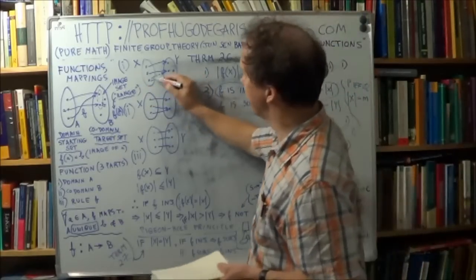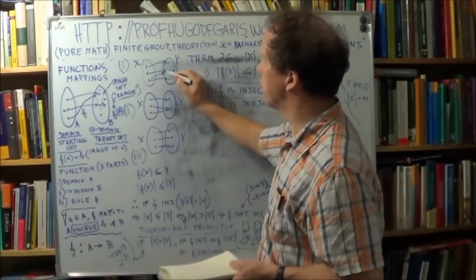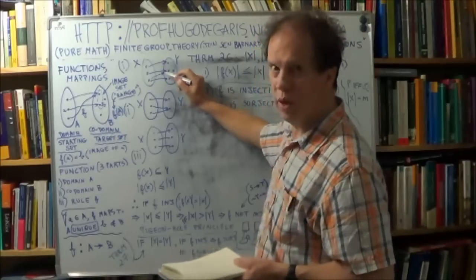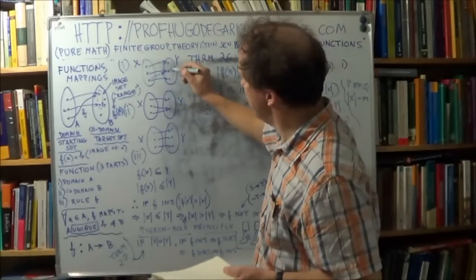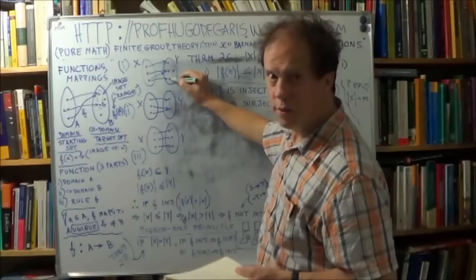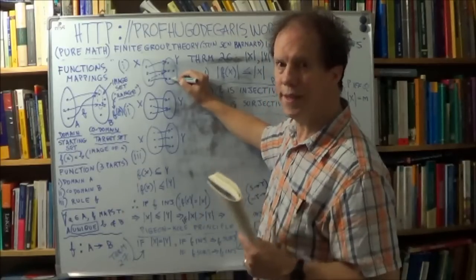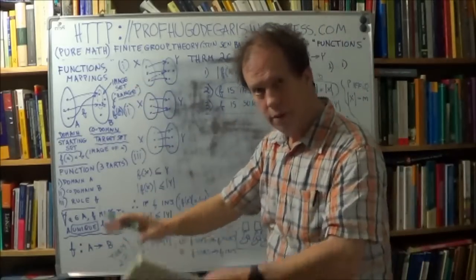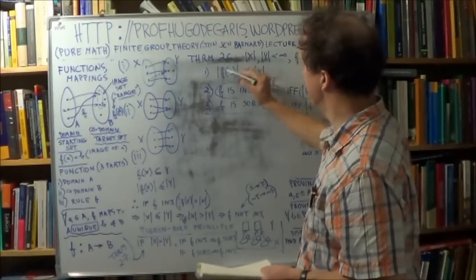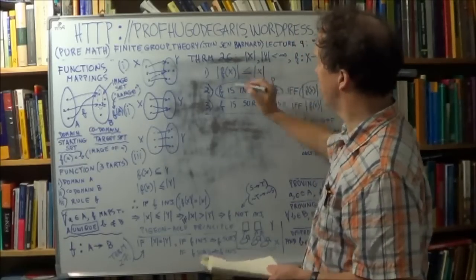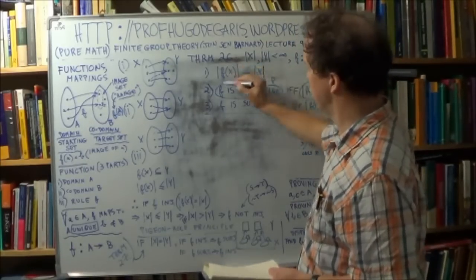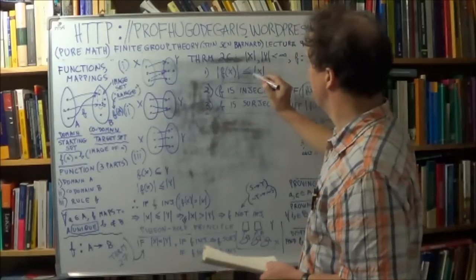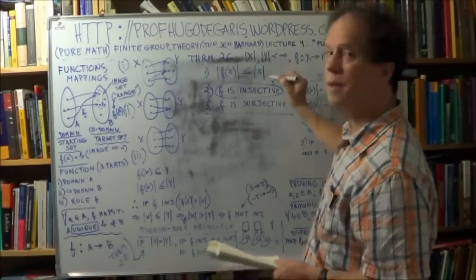But in general, there will be some many-to-one mappings, and the existence of those many-to-one mappings will lower the number of images, and hence the size of your image set or range will go down. Given that the maximum of this is this, it follows that in general the size of your image set will be less than or equal to x. Okay?